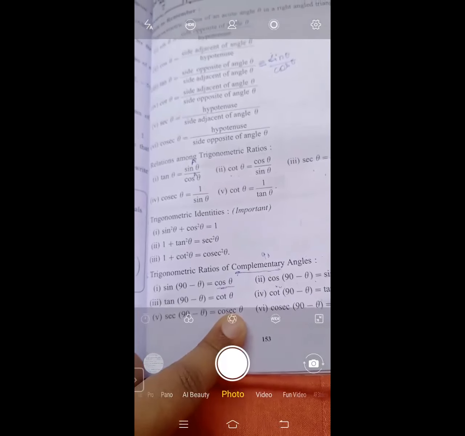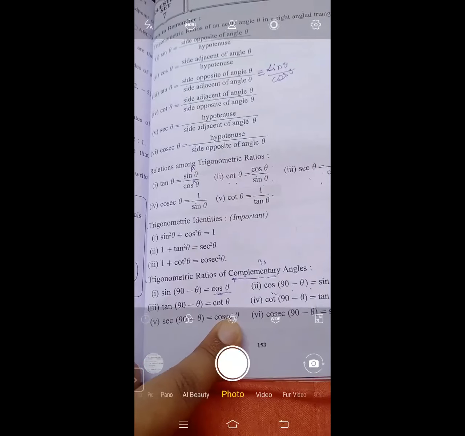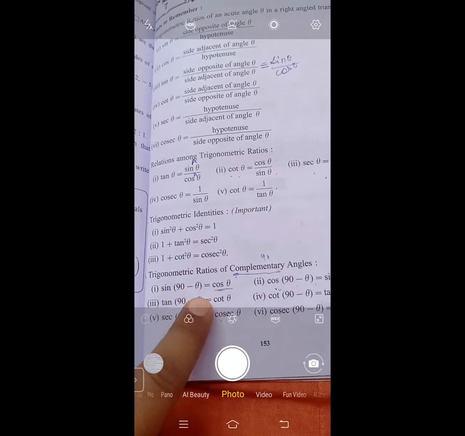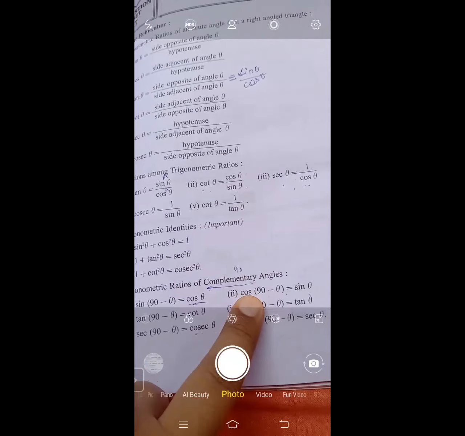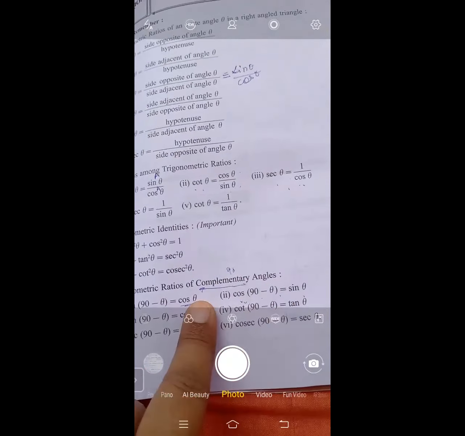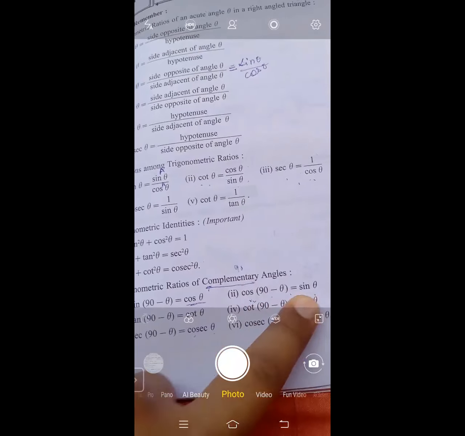Now, trigonometric ratios of complementary angles. As we have discussed, what are complementary angles? When the addition of two angles is 90 degrees, they become complementary angles. We just have to remember the complementary ratios. Sine is for cos; here you will see cos and sine get interchanged. Sin 90 minus theta is cos theta. Cos 90 minus theta equals sin theta. Tan 90 minus theta equals cot theta.